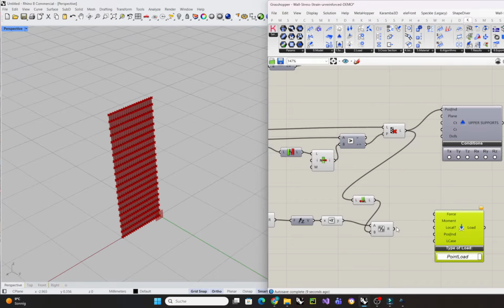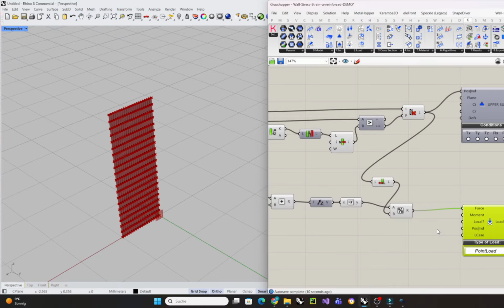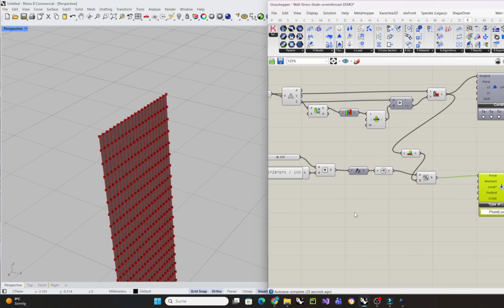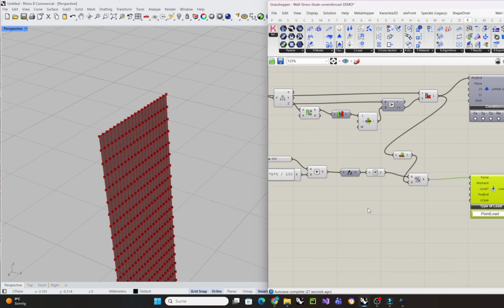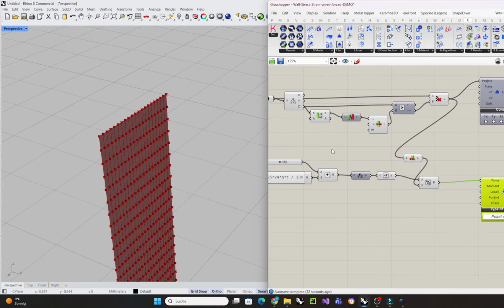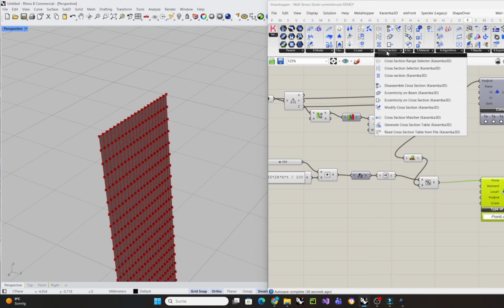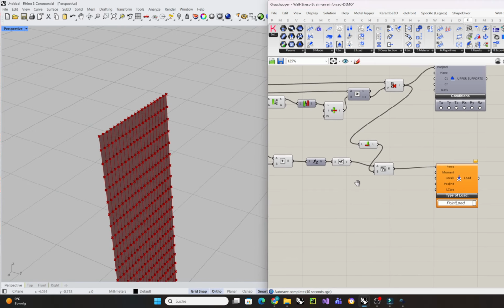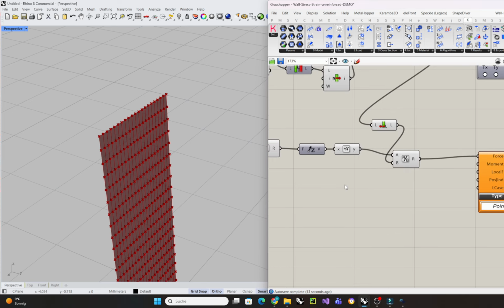The next thing I'm going to do, I want to calculate this moment, because there is right now no opportunity to give this eccentricity automatically from Karamba. There is also only beam eccentricity. So I will try to do that by calculating the moment beforehand.